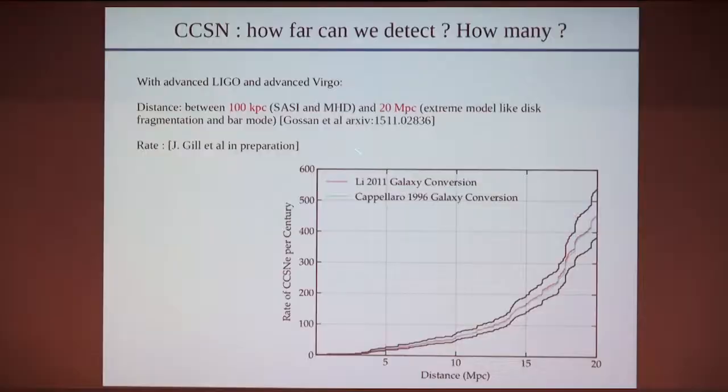The amount of energy emitted is not as big as for a binary system. And we know that with the LIGO and Virgo detectors, we cannot observe something far away. Right now, with the current version of the detectors, we cannot go beyond the galaxy. So we need to have one core collapse supernova in the galaxy.